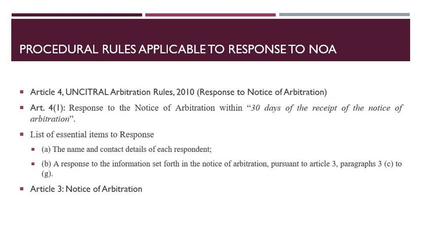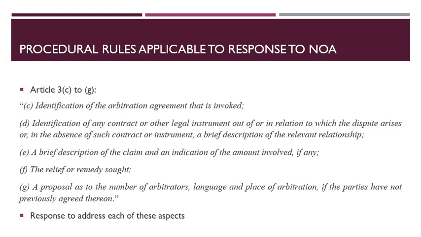A. The name and contact details of each respondent, and B. A response to the information set forth in the notice of arbitration pursuant to Article 3, paragraphs 3C to G. The information set forth in the International Arbitration Rules in Article 3C to G are C. Identification of the arbitration agreement that is involved.